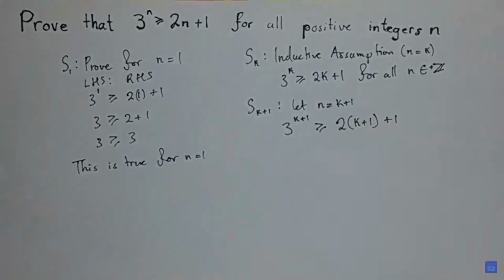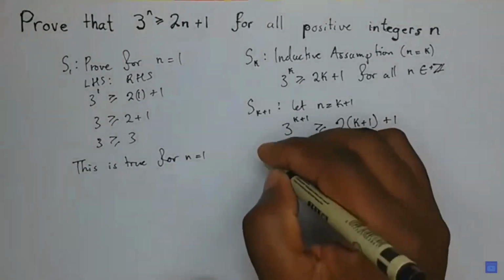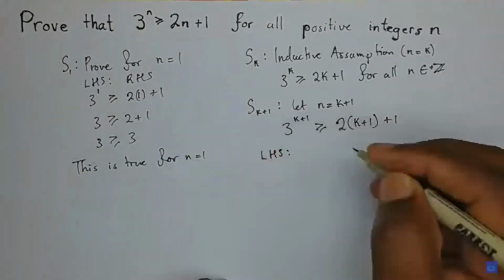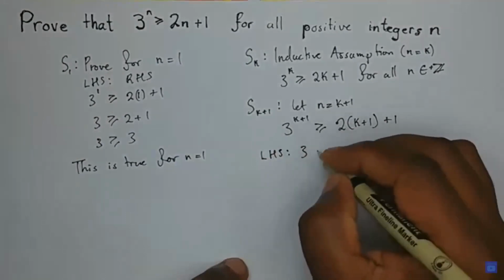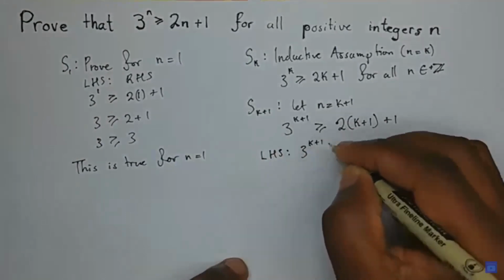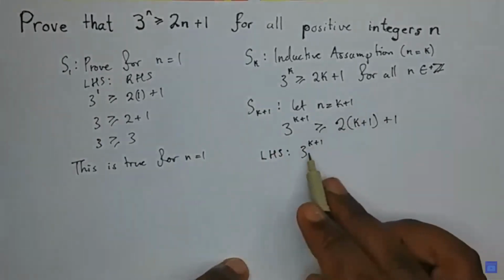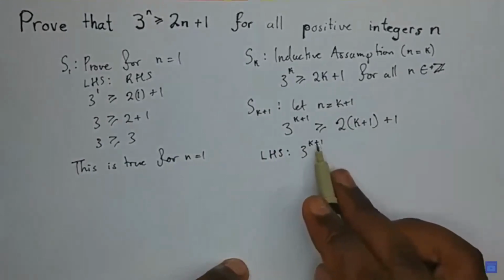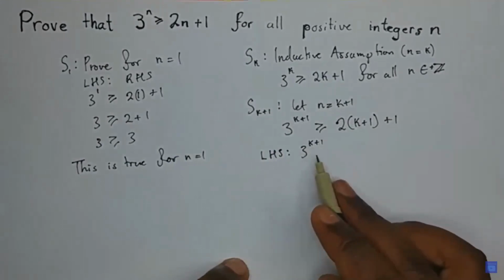Okay. So now what we're going to do next is expand the left-hand side to make it like the right-hand side. So let's work on the left-hand side. What we have is 3 to the power k plus 1. Now, since the powers are adding, it means the bases are multiplying.